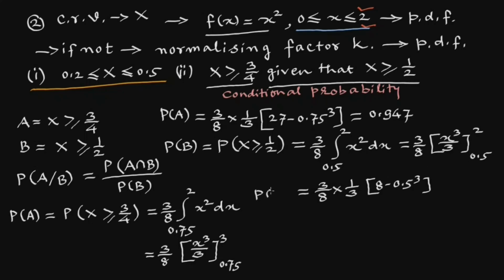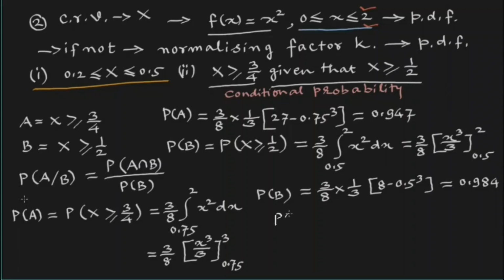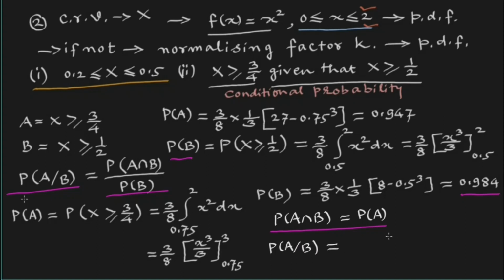So P(B) works out to be 0.984. Now P(A intersection B) equals P(A). So putting these values in this formula, we get the probability of A given that B has occurred equals 0.947 upon 0.984, which is 0.96.